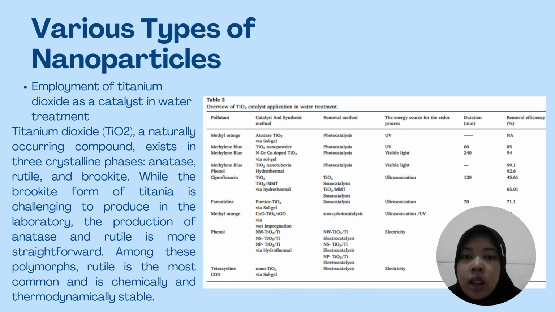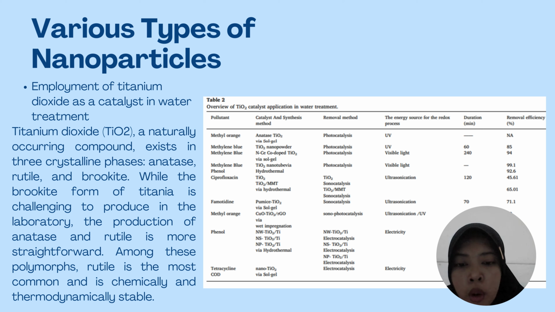The second type of nanoparticle is the employment of titanium dioxide as a catalyst in water treatment. Titanium dioxide, a naturally occurring compound, exists in three crystalline phases: anatase, rutile, and brookite.